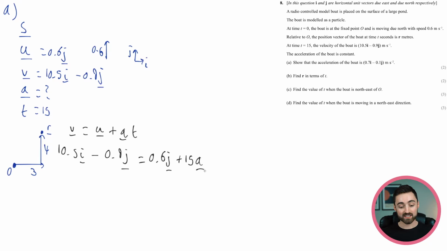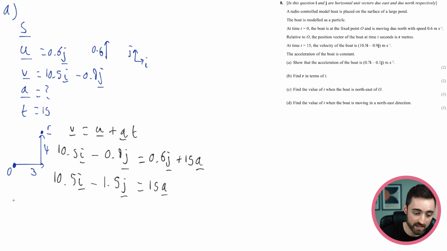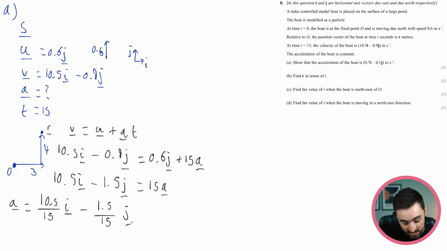Rearrange for a. Take the 0.6 over to the other side. So I'm going to get 10.5i minus, so minus 0.9 minus 0.6 is going to be minus 1.5j. It's going to equal 15a. Divide by 15 and we're sweet. So a is going to be 10.5 over 15 lots of i minus 1.5 over 15 lots of j.